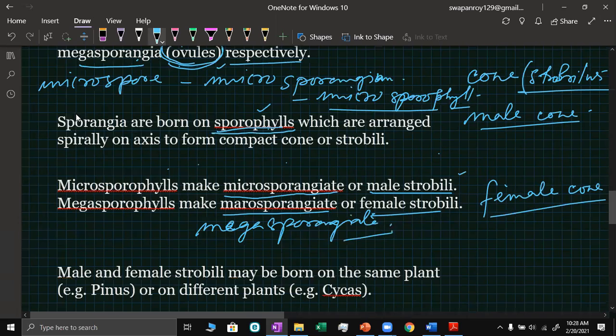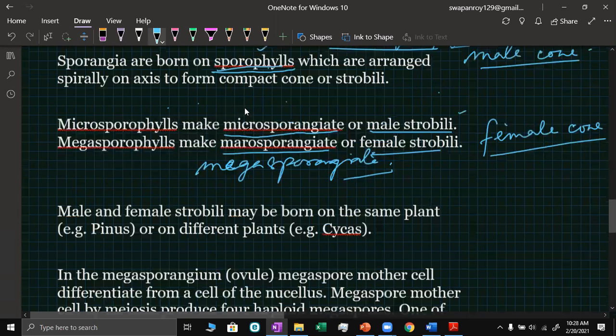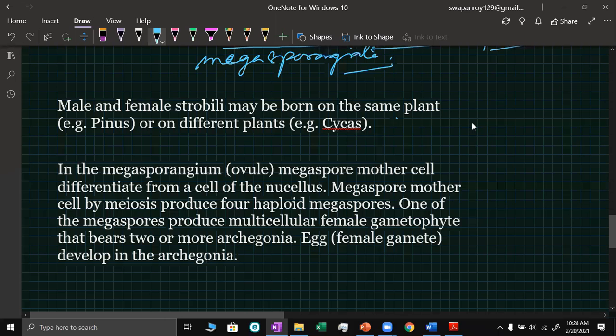The male cone and the female cone may be borne on the same plant or on different plants. In Pinus, female cones can be seen throughout the year, and male cones are produced now, during this period. You can see the yellow dust, the pollen grains of the pine tree, coming out.